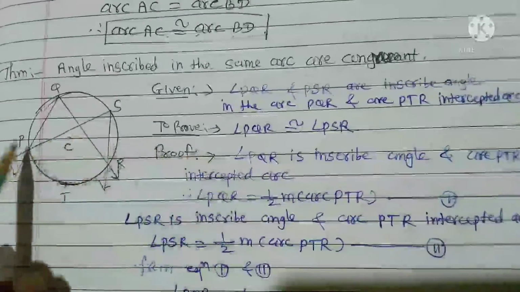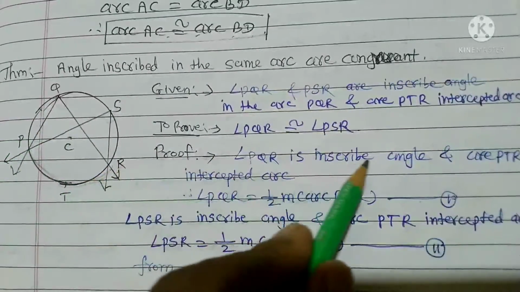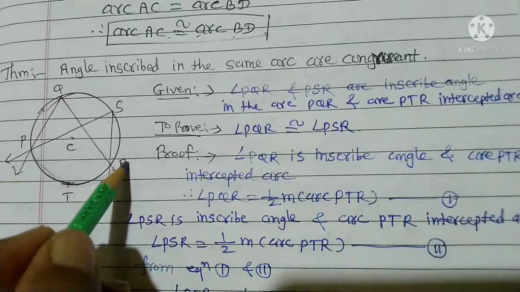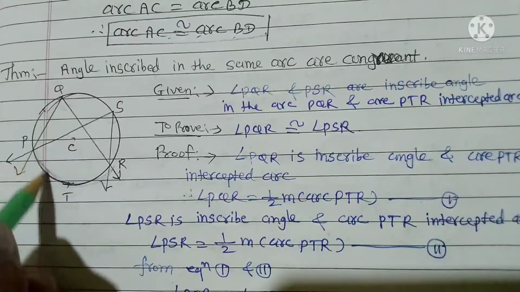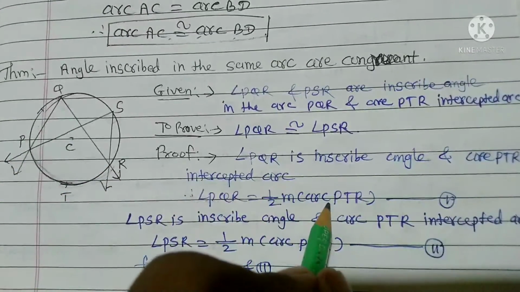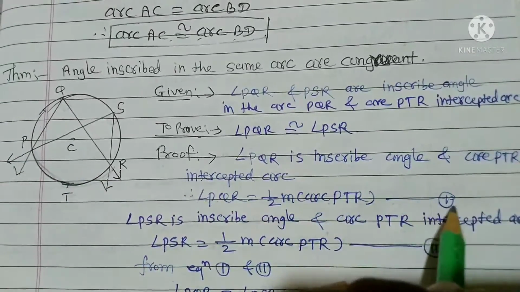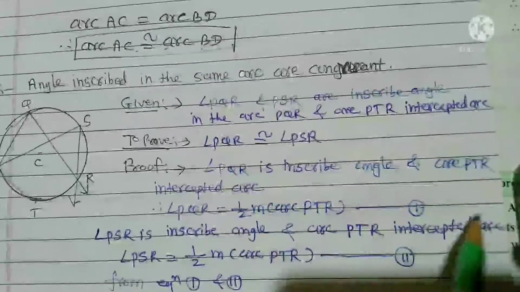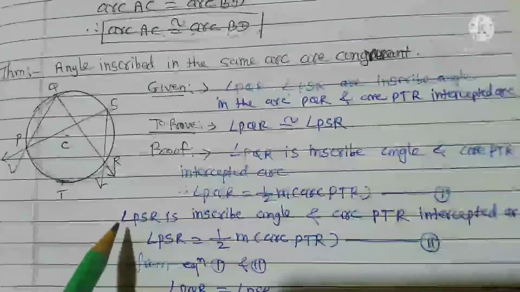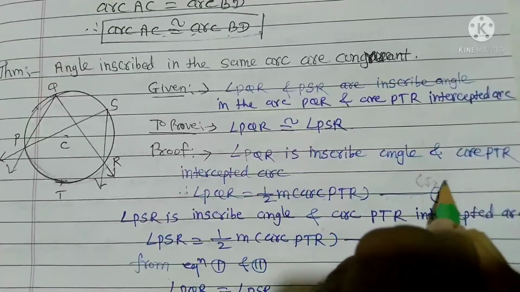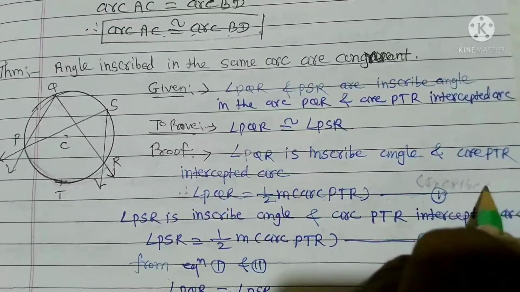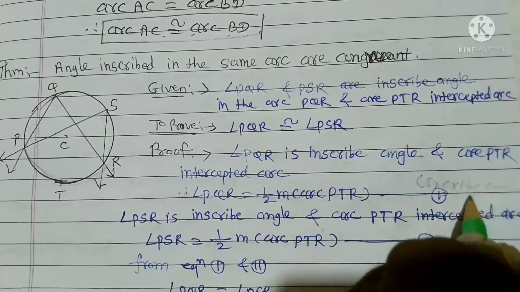Proof. Angle PQR is an inscribed angle and arc PTR is the intercepted arc. So angle PQR equals 1/2 measure of arc PTR, equation 1, by the inscribed angle theorem.